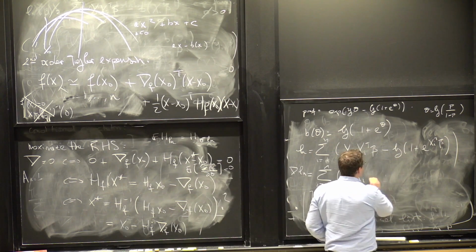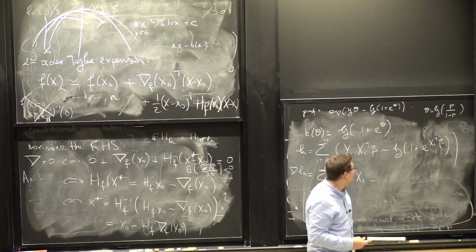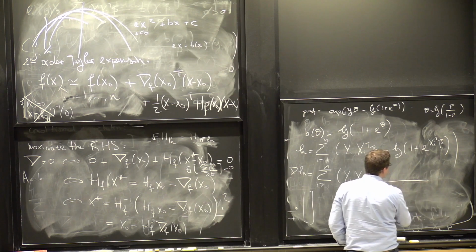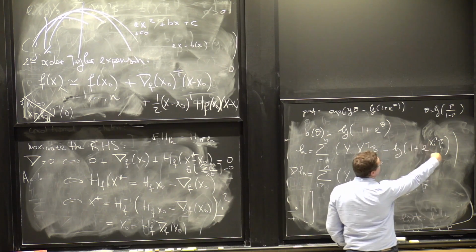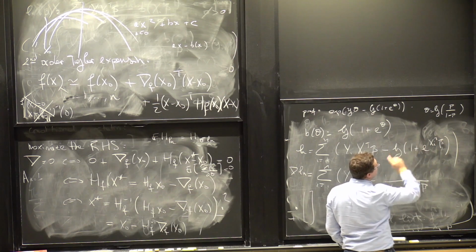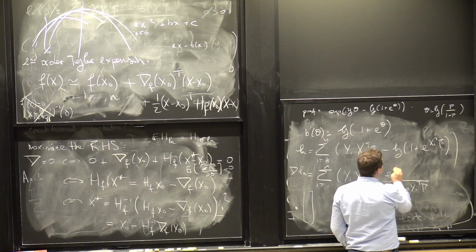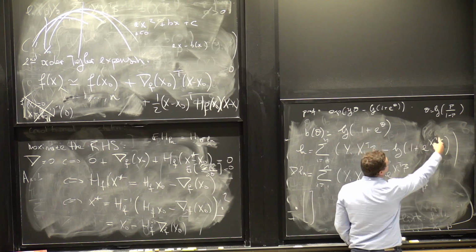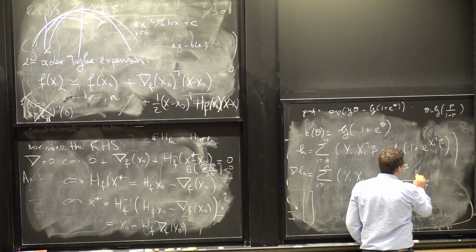Now, what about this guy? Well, here I have a function, so I'm going to have just the usual chain rule, right? So that's just going to be 1 over this guy. And then I need to find the gradient of this thing. So the 1 is going away, and then I apply the chain rule again. So I get e to the xi transpose beta, and then the gradient of this thing, which is xi.